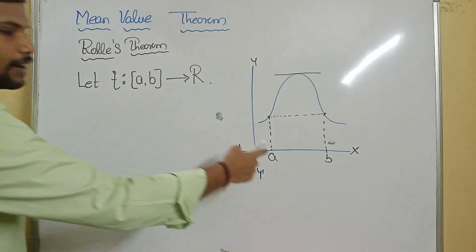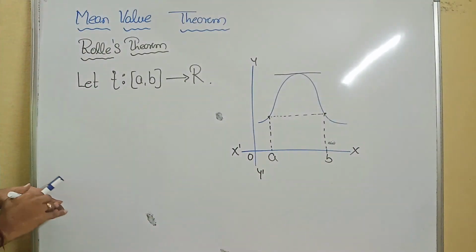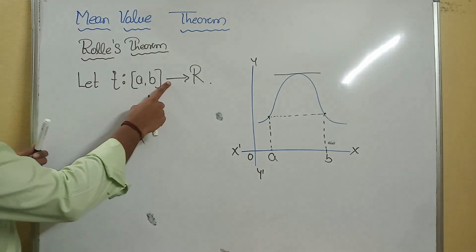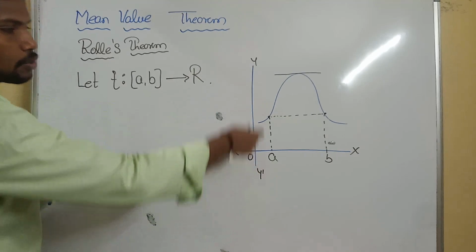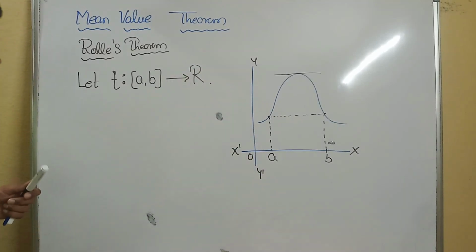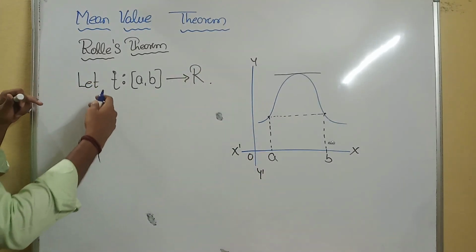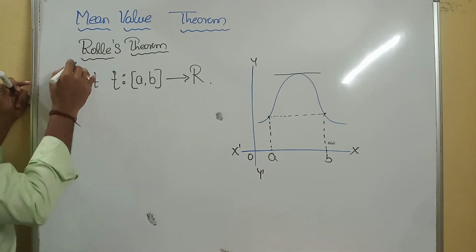These are domain values, that's why they are on the x-axis. And the real numbers are the range values, the y values. Step by step, based upon the conditions, I'd like to explain Rolle's theorem.